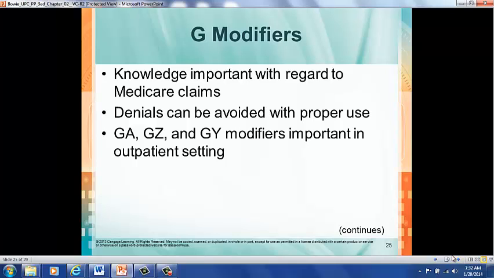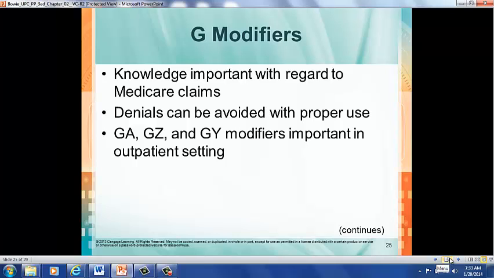And then we have our G modifiers. It's important to know these if you're dealing with Medicare patients. If you use these modifiers, it will help to prevent denials. Here we list GA, GY, and GZ modifiers, which are important to the outpatient setting.